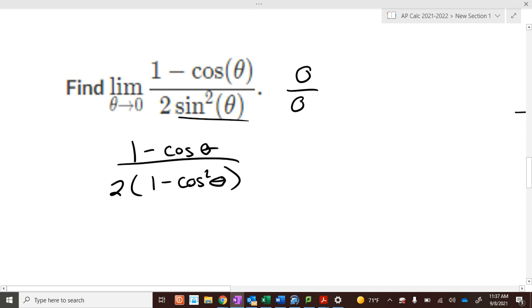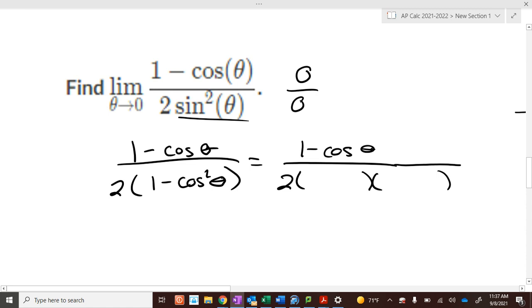All right, here we go. So we have 1 minus cosine of theta in the numerator. Does the denominator factor? Yes, 1 minus cosine squared is a difference of squares: 1 plus and minus cosine of theta.